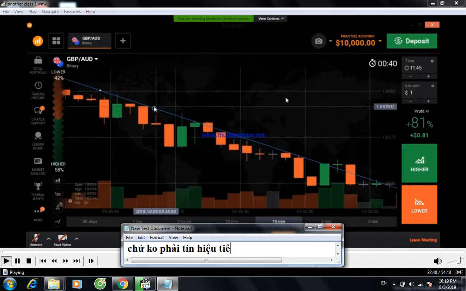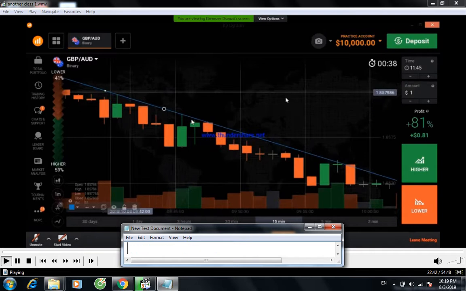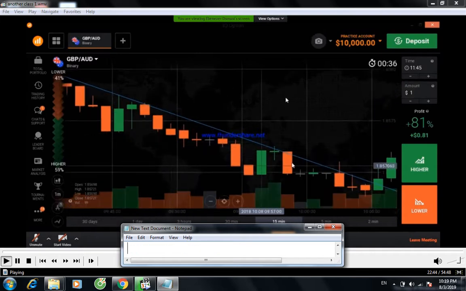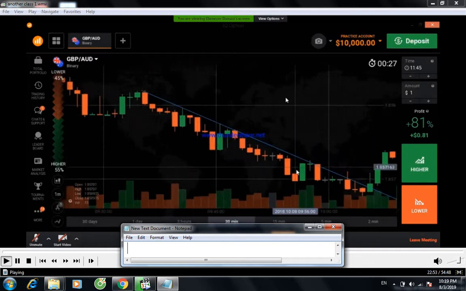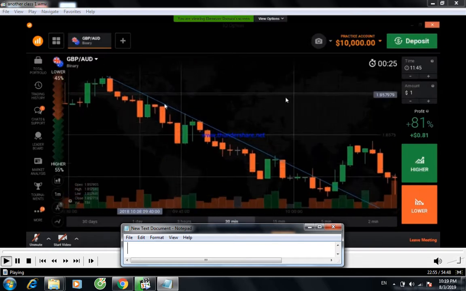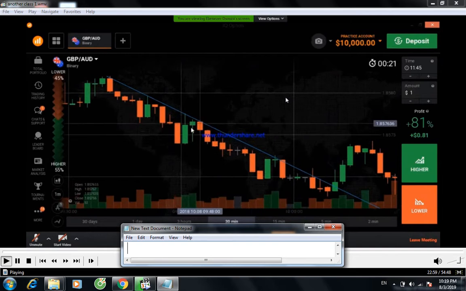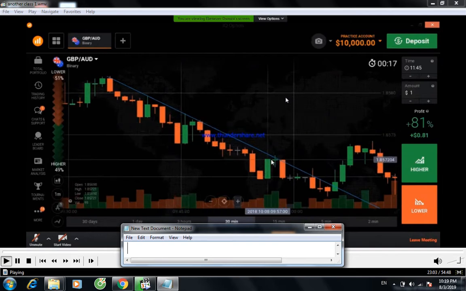Okay, if you draw the level by touching this level, you can see here also, it worked as a reversal candlestick. Okay, because of this level, because of this trend, this is resistance for this level. At the resistance level, I already told you, this candle will reverse the market.